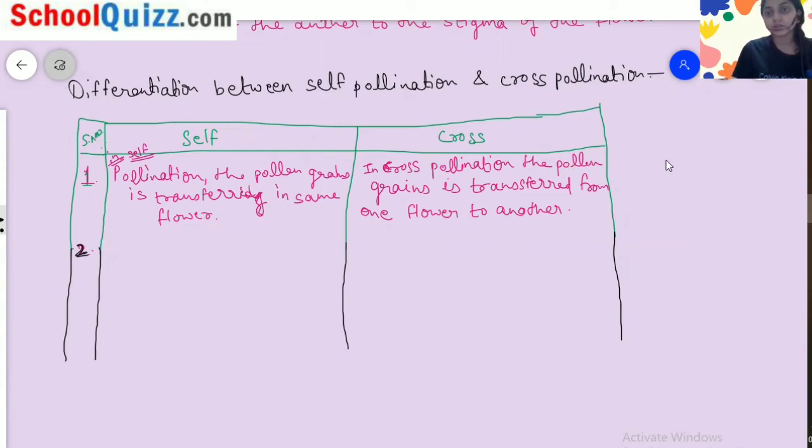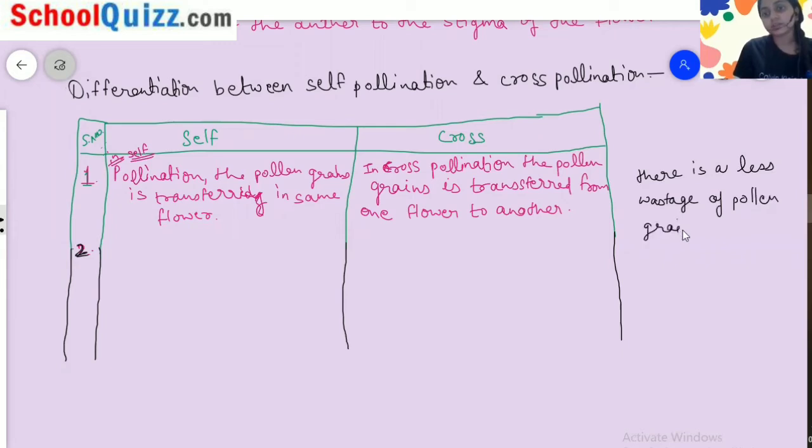So in the self pollination, there is a less wastage of pollen grains.